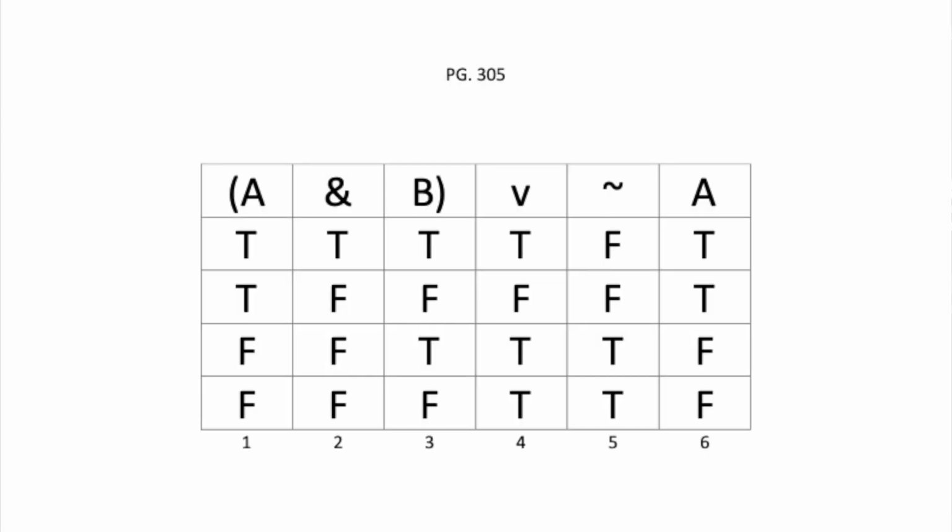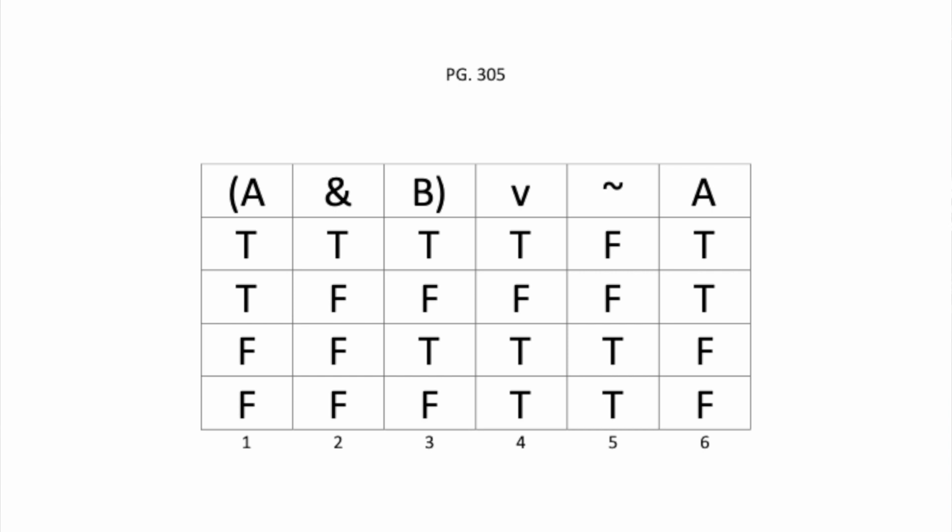Finally, the final step is you want to calculate the final column. The final column is column 4. That is the wedge, calculated according to the inclusive disjunction. In fact, all of the disjunctions that you calculate in this chapter will be according to the inclusive function, so just remember that.